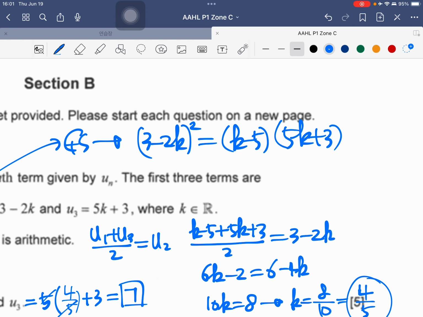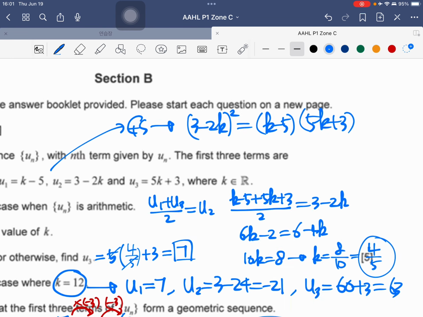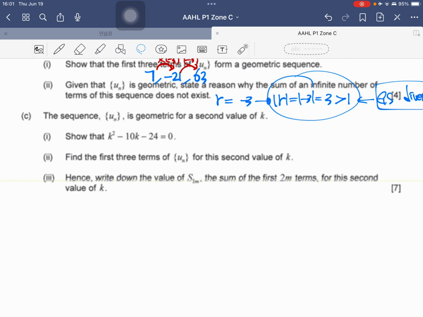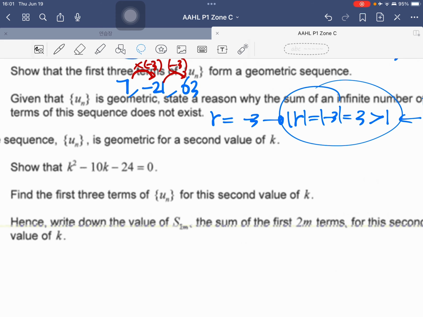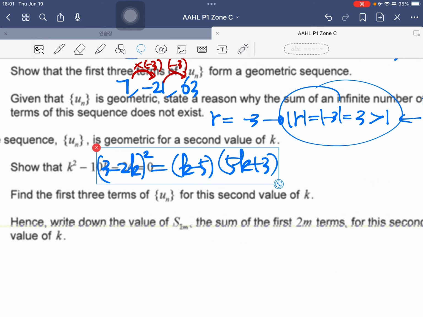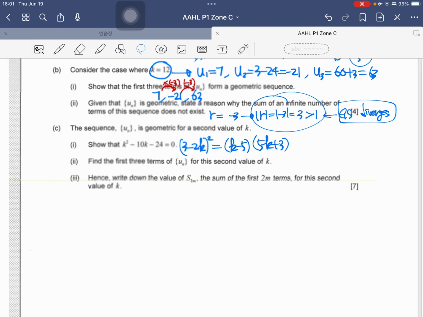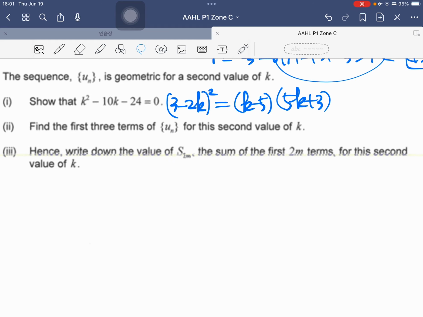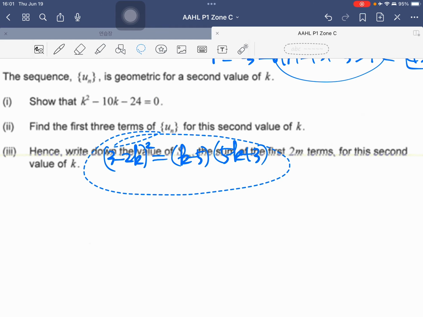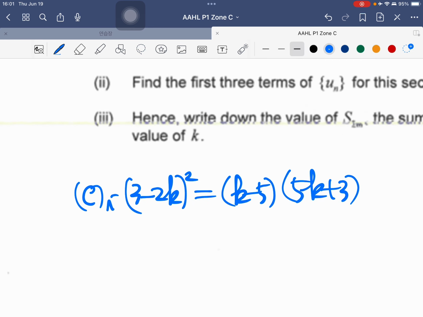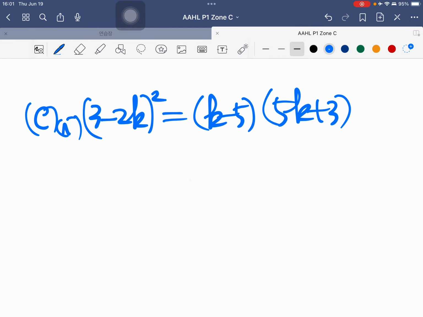This must be true, right? So let's copy and paste this condition down there. Okay, so this should be true. So this is question number C, number 1, and then we expand the first part.